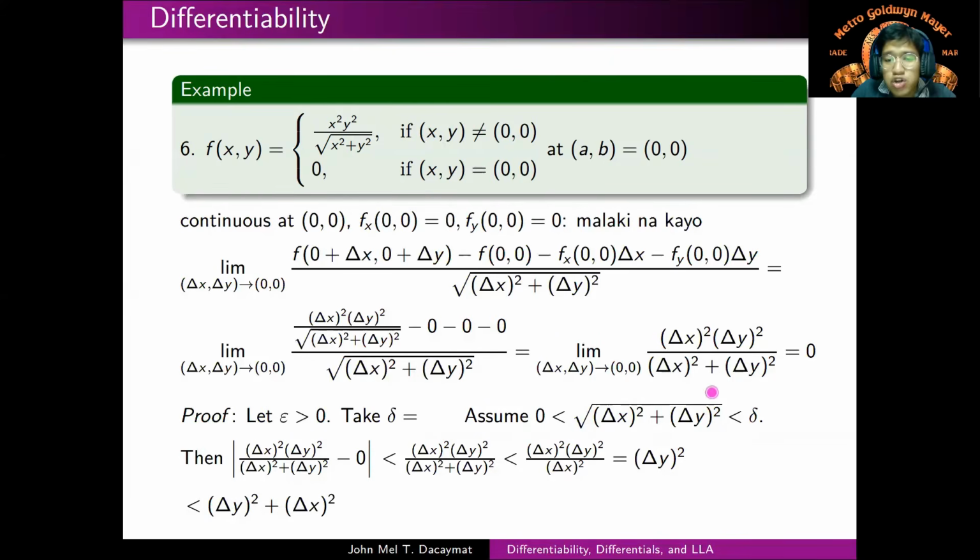So pag ini-square ko to, both sides, this is just less than delta squared, no? So if I take my delta to be square root of epsilon, this will be epsilon, and that proves that the limit is equal to 0. Therefore, this function is differentiable at 0, 0.